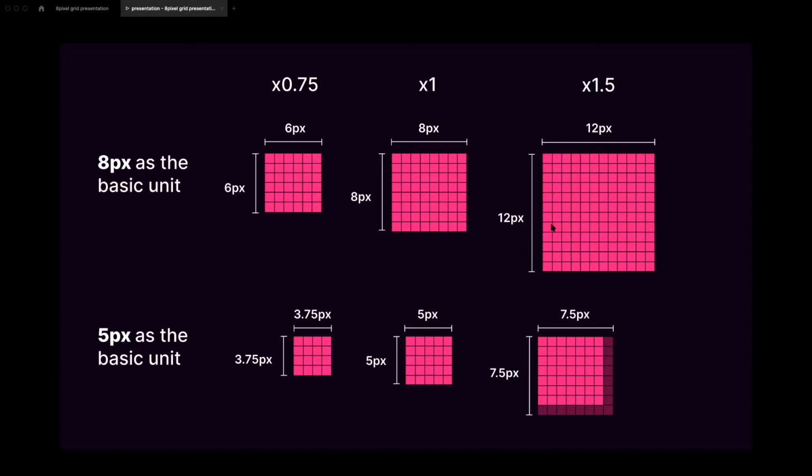We must clarify that this does not force us in any way to work with an 8-point grid. But we must take into account that we are designing a product that in the end will run on an operating system.